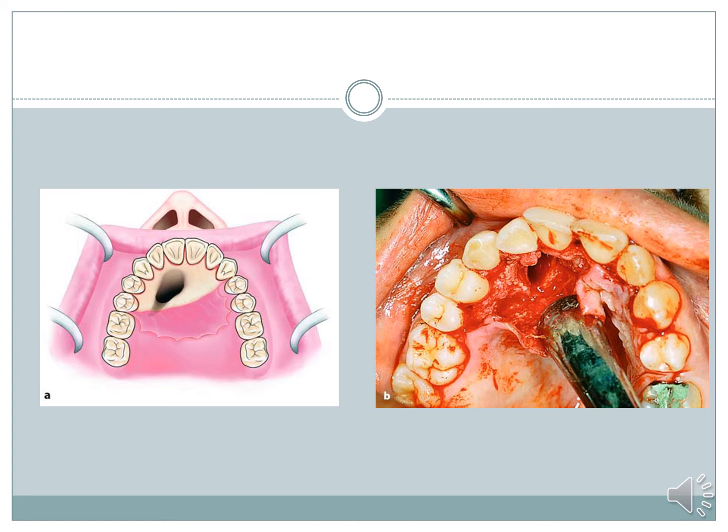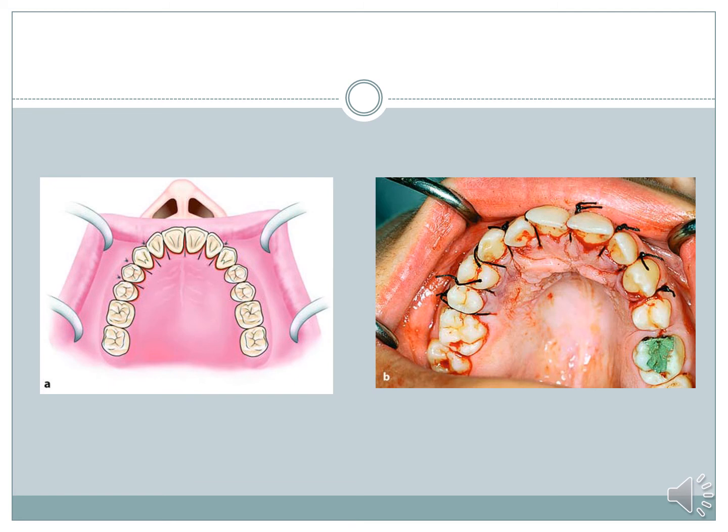This is a picture showing the tooth after being removed. Interdental sutures are given to hold the palatal mucosa in place.